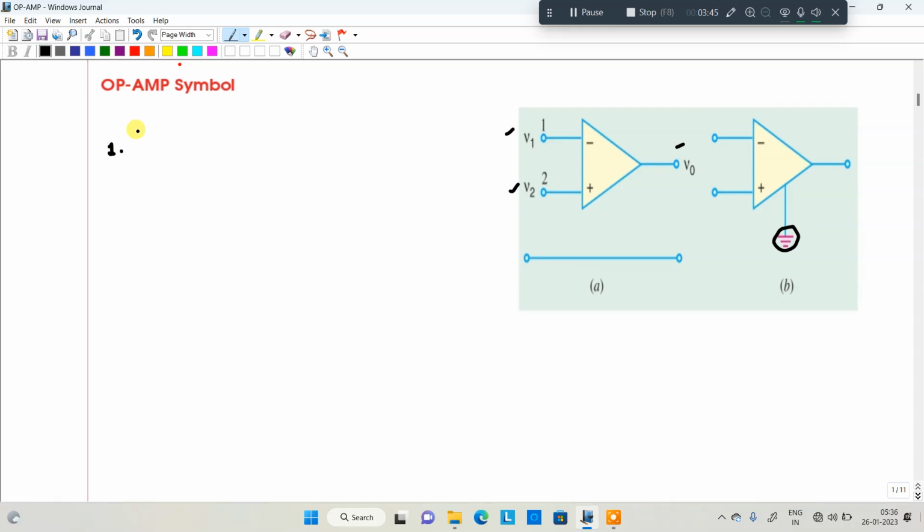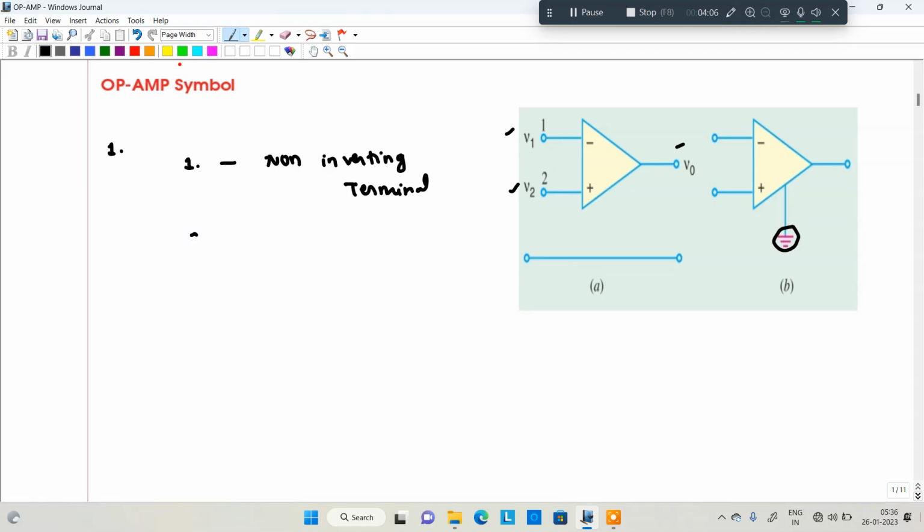Okay, first one. These particular symbols represent the terminals. One represents the inverting terminal, the negative sign. And the positive sign, the second terminal, represents the non-inverting terminal.